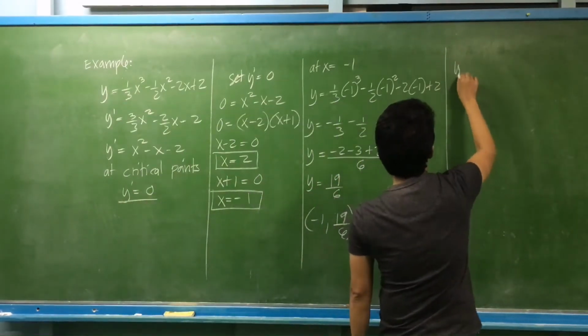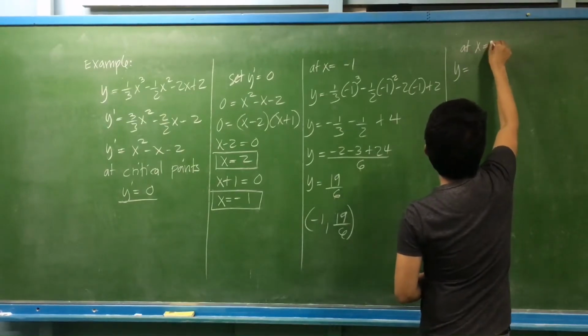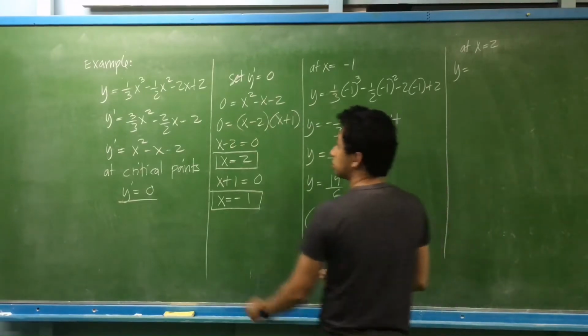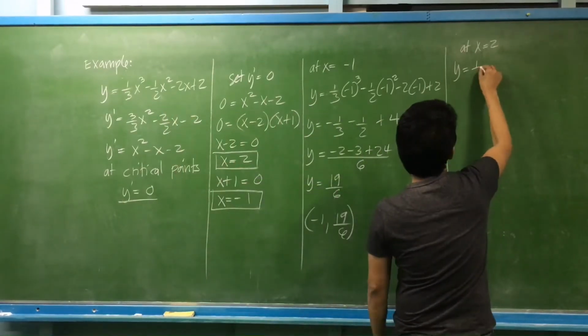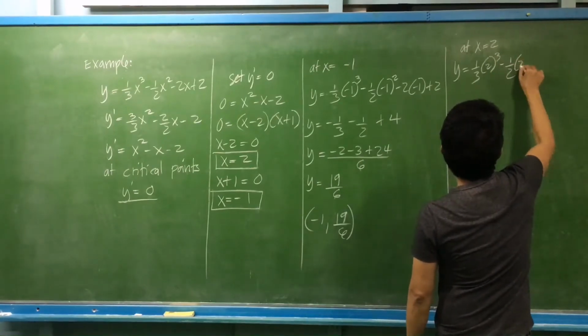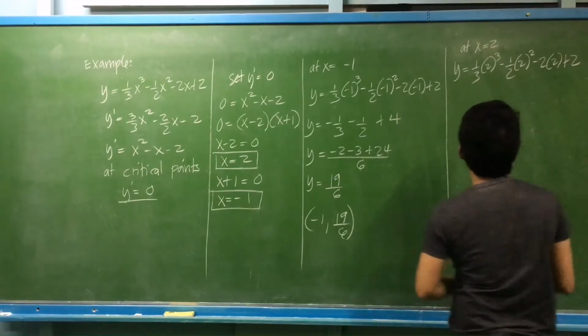For the other value, at x equal to positive 2, substituting x in the function, we have 1/3 of 2 cubed minus 1/2 of 2 squared minus twice of 2 plus 2.